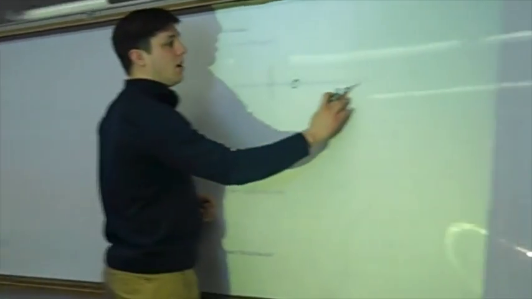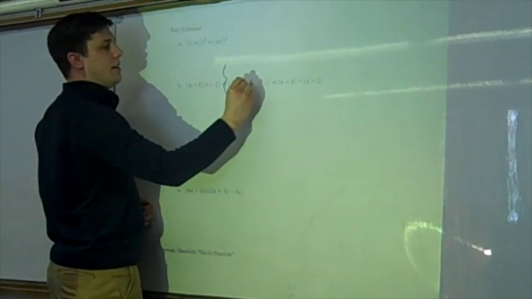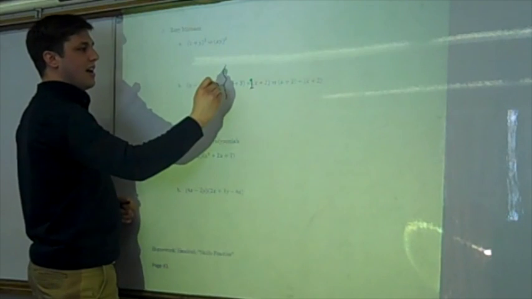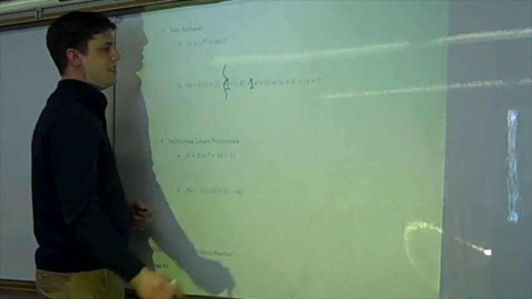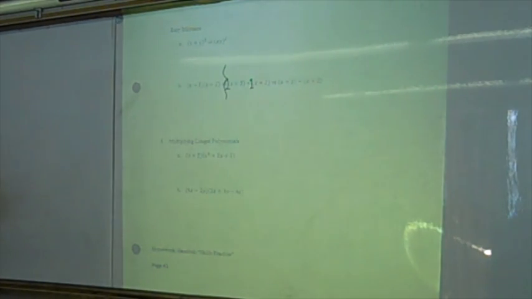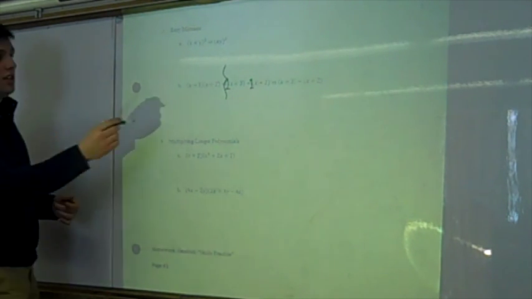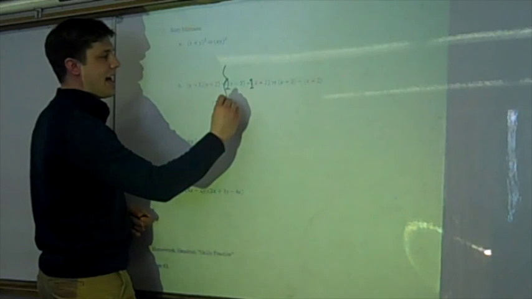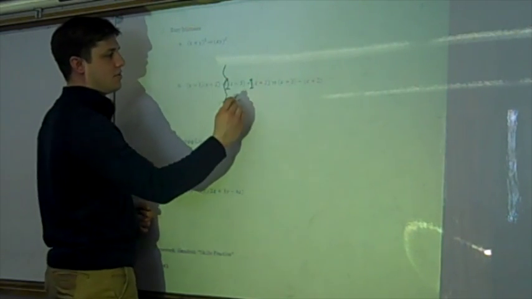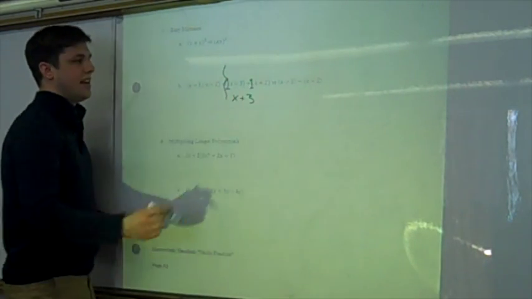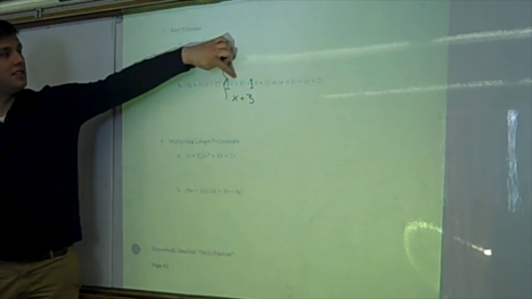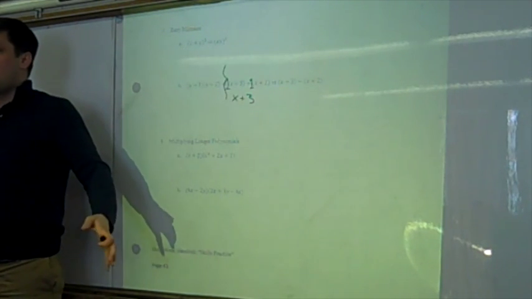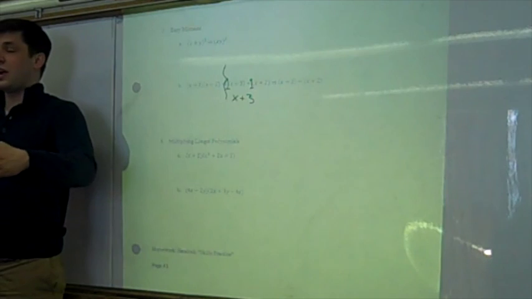Imagine there's an invisible 1 in front of each set of parentheses. You would distribute those, and they wouldn't change anything. It would just be 1 times x, which is x, and 1 times 3 is 3. So to get rid of these parentheses, you don't really have to do anything. You can just erase them.